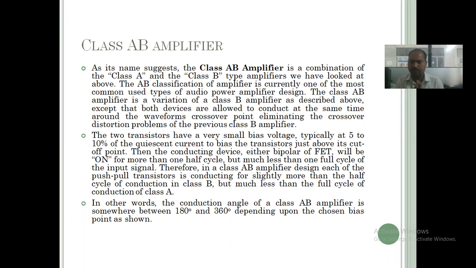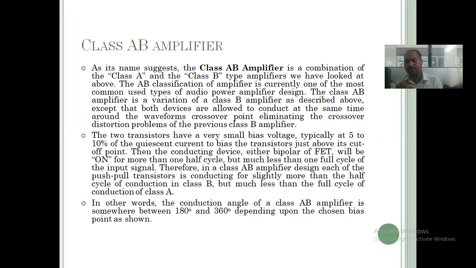I already told you the reason behind it: the transistor is biased in such a way that it handles the crossover distortion at 0 degrees and at 180 degrees, right? So in that case, we apply a voltage, which means we turn on the transistor.